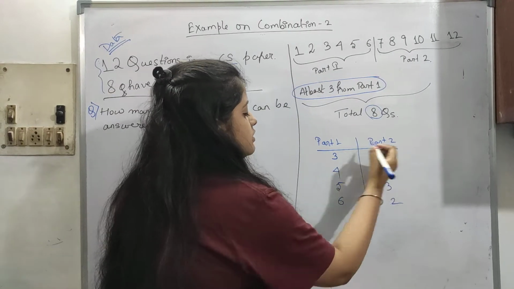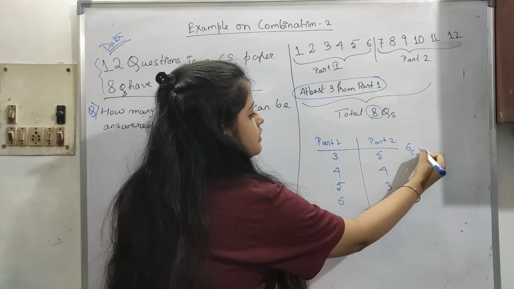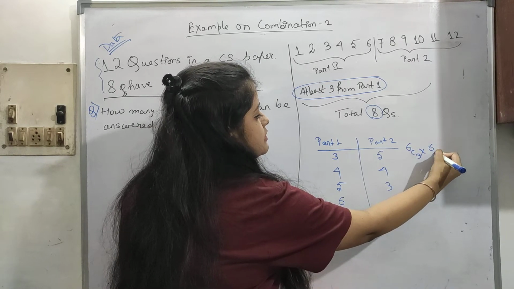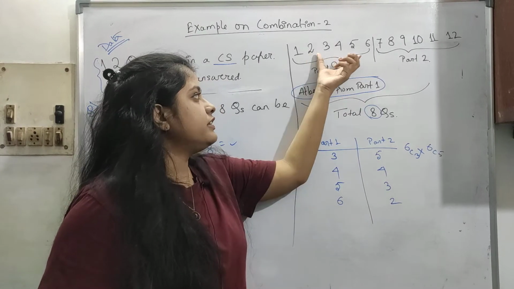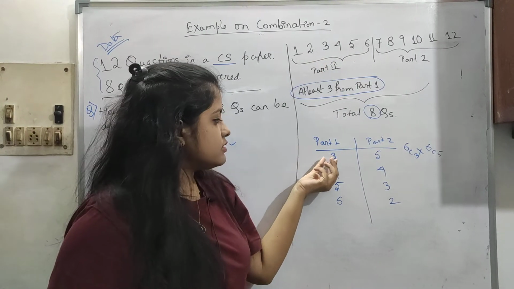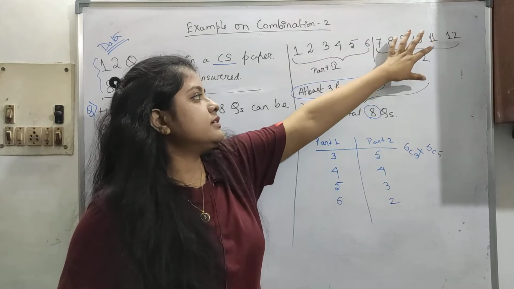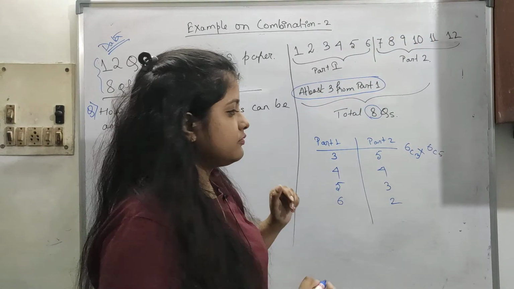So this is 6C3 into 6C5. How is it 6C3? 6 is the total number of questions here, and 3 questions have to be chosen. Similarly 6 questions are there, and we are choosing 5 questions.